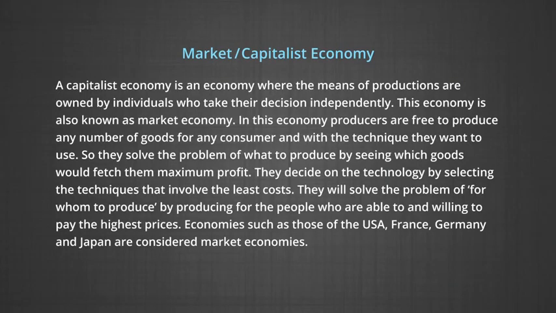A capitalist economy is an economy where the means of production are owned by individuals who take their own decisions independently. This economy is also known as a market economy.